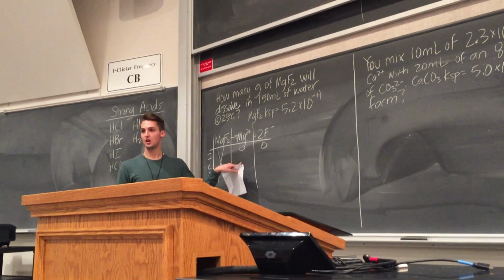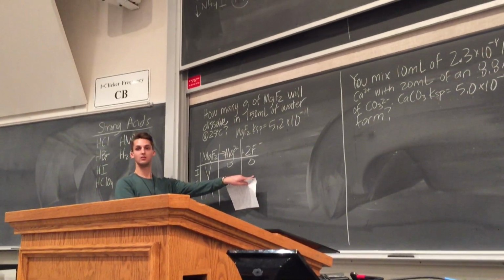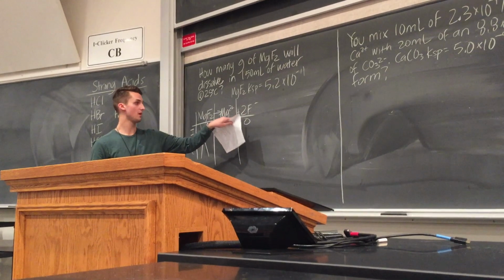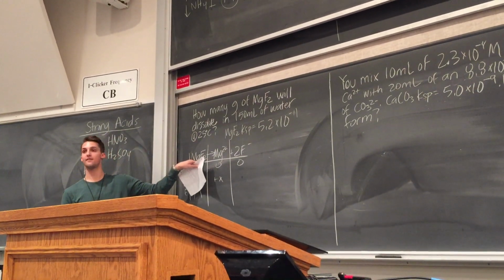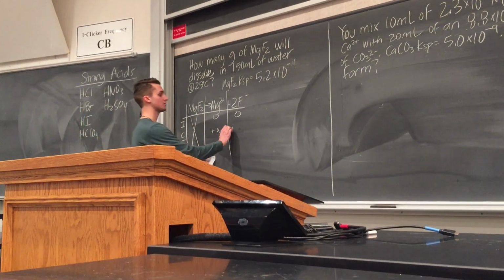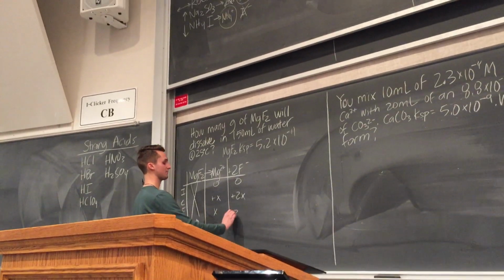Okay, what's my change here? Plus x, yeah. What's my change here? Plus 2x, okay? This is something that can really trip you up. I have a coefficient of 2 here. That's why it's important to remember to look at this here. This is dissociating into 2 fluoride ions. So this is plus 2x. And so I have x times 2x.